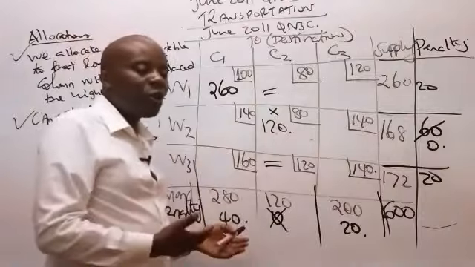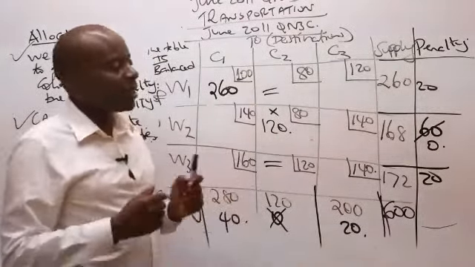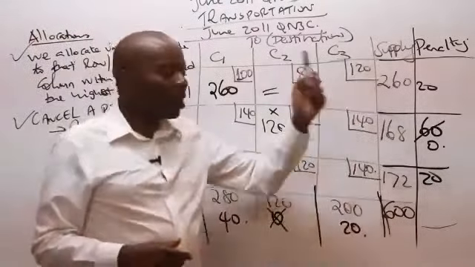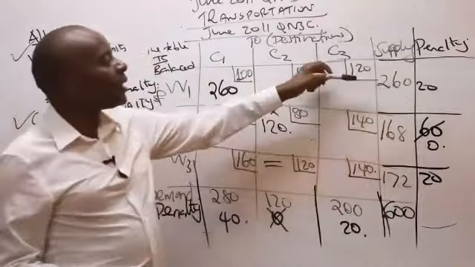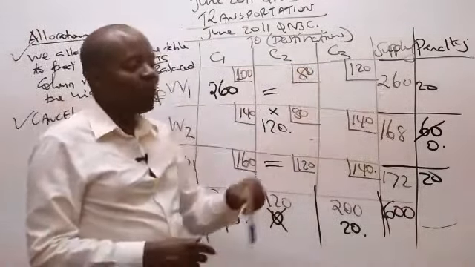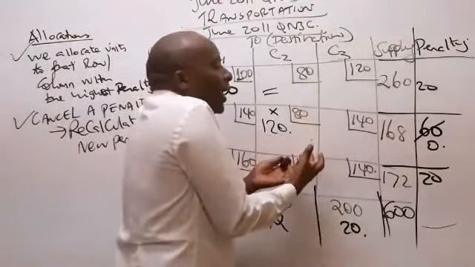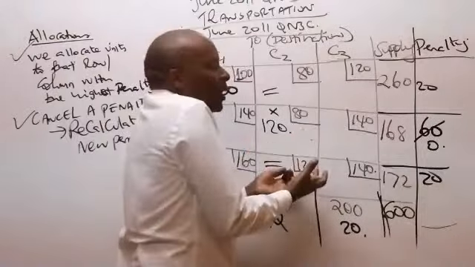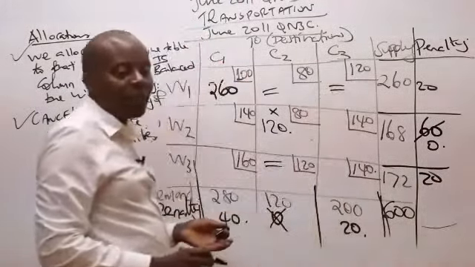Yes, I've met the row total. If I met this row total of 260, it means that any empty cell along the row whose total we have met will never accept units in the future, so you must block it like that.